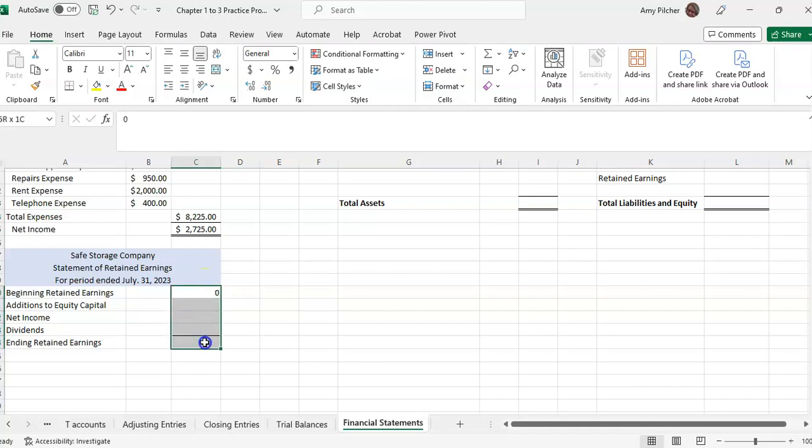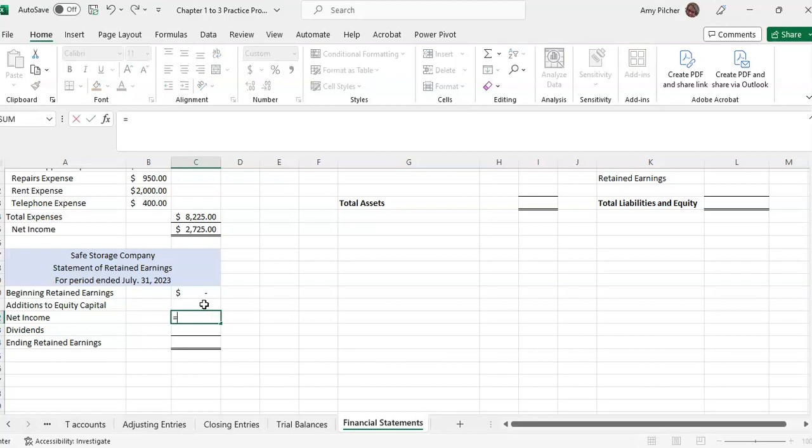I'm actually going to change all of that to accounting format. Okay. We did not have any additions to capital during the month. Then we have our net income that we just calculated.